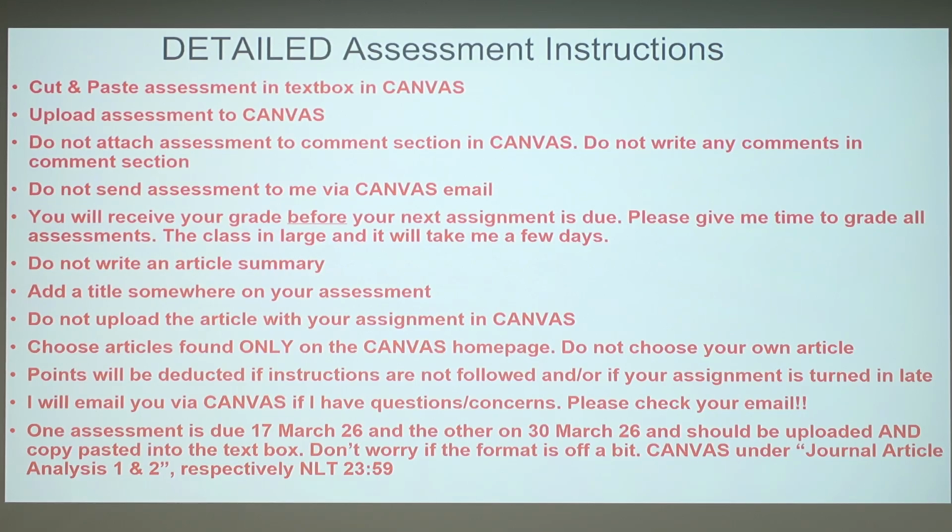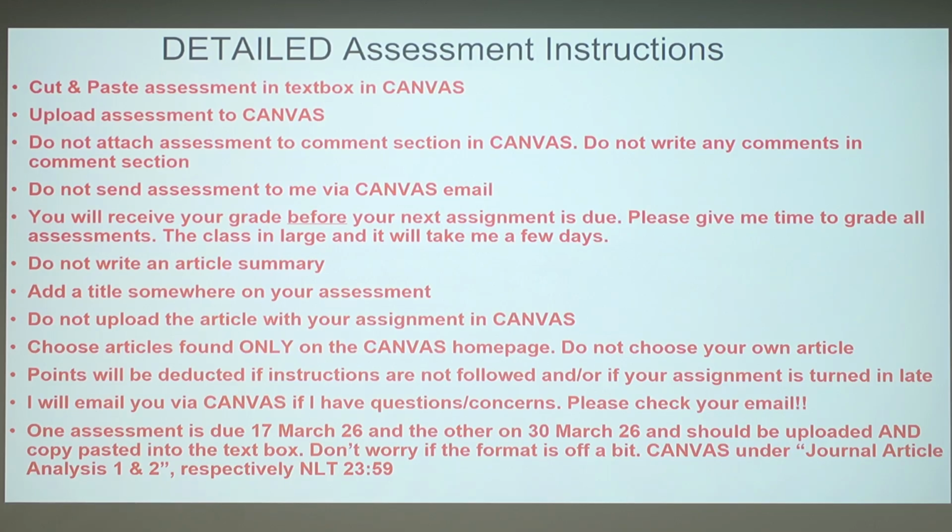Because reading all of these, I have to read these twice. So don't write books for the assessment. I say this, but you guys are going to be writing books. That's okay, I'll still read them. And they are due on March 17th and March 30th at 23:59.